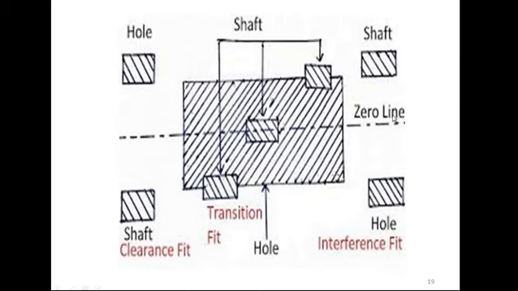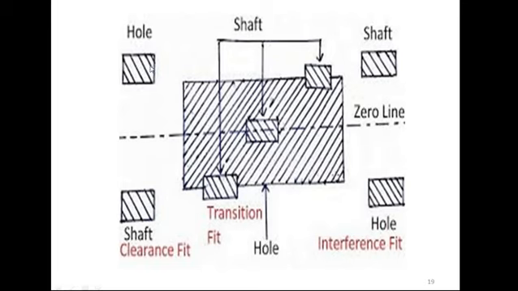The next one, the shaft is at an upper level and the hole is at a lower level, then it is an interference fit. So with one more figure we have understood the clearance fit, transition fit and interference fit. This is the most important thing.